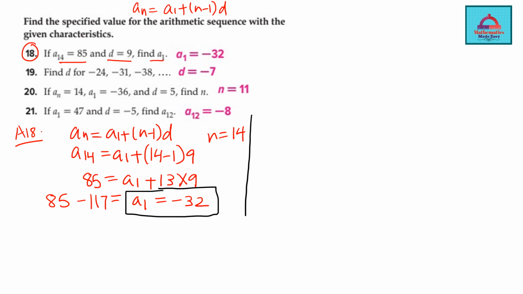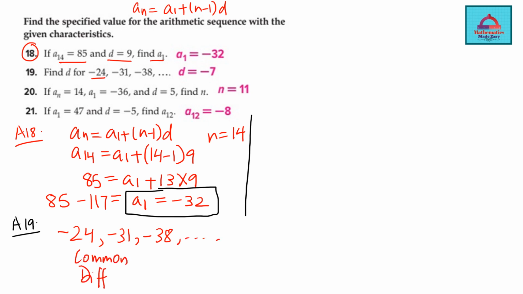Okay, let's do answer 19 now. It is again very easy. Now see here, observe the first term is given but the common difference is not given. So remember, for the sequence minus 24, minus 31, minus 38 and so on, common difference or your d, how do you get?